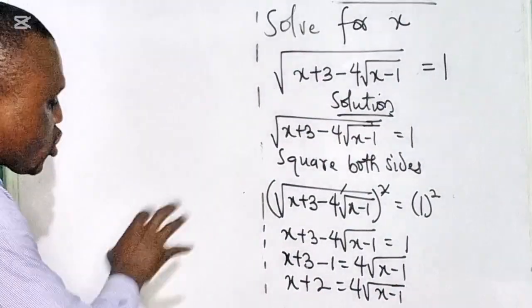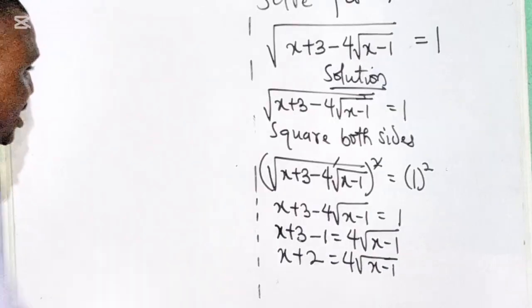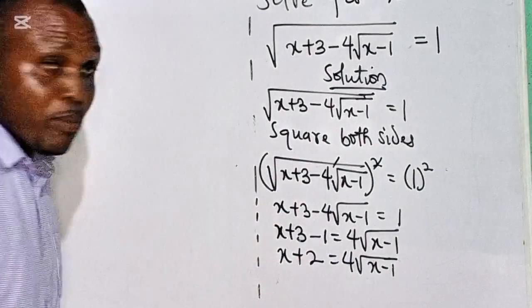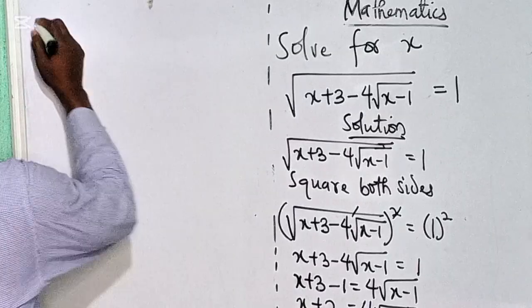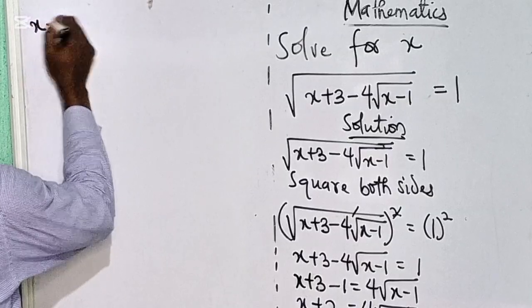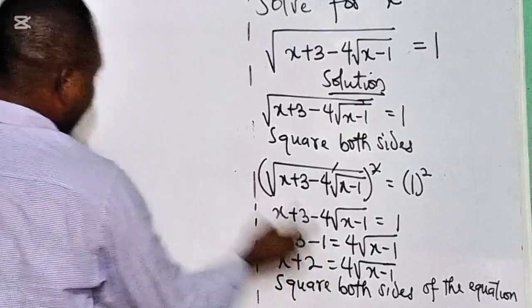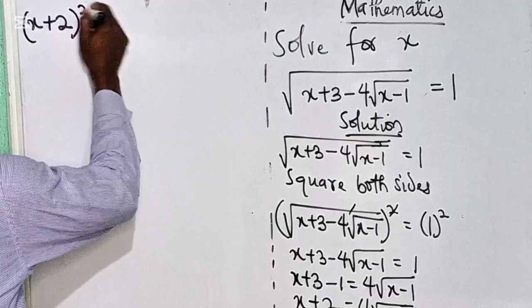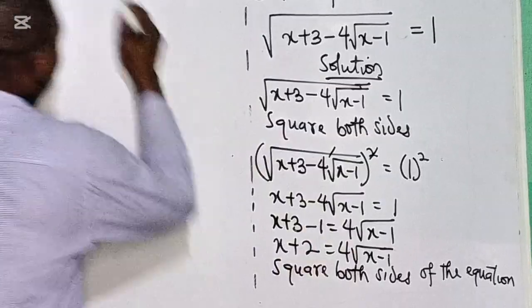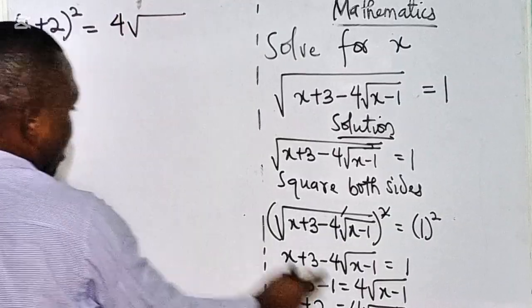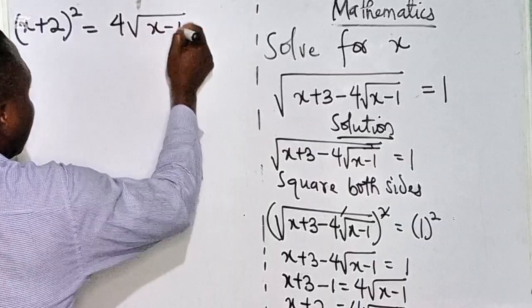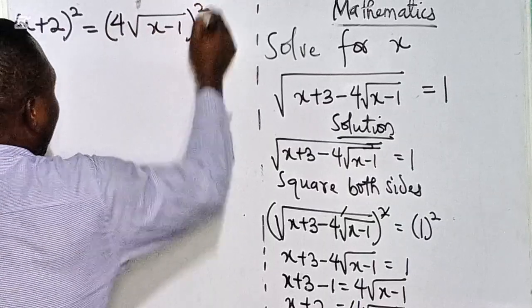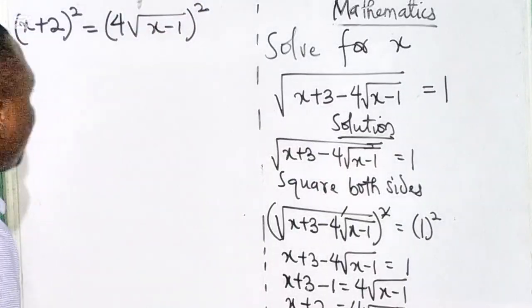Okay, now I'm going to square both sides of the equation, the same thing I did here. All right, so I will square both sides of the equation. It becomes x plus 2, to the power of 2, equals 4 root x minus 1, to the power of 2. So I've squared both sides of the equation.